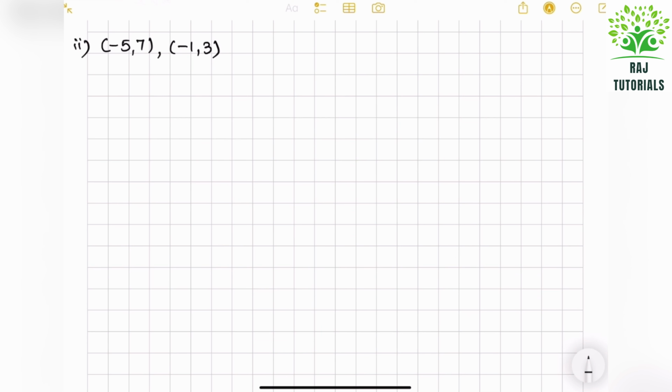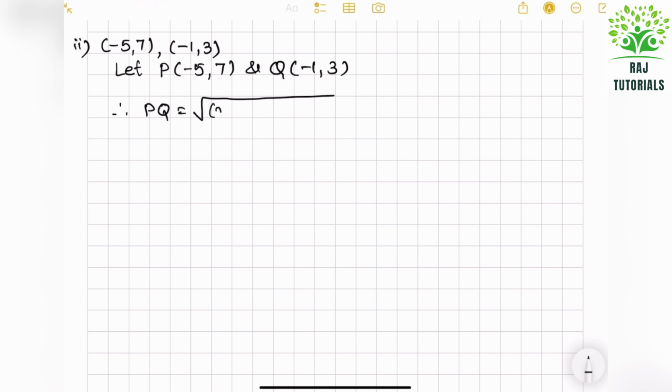So now the second one says minus 5, 7, minus 1, 3. So I can do it like this also. Let P be minus 5, 7 and Q be minus 1, 3. Therefore, distance PQ will be equal to square root of x2 minus x1 whole square plus y2 minus y1 whole square.